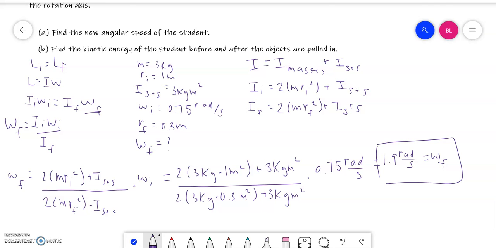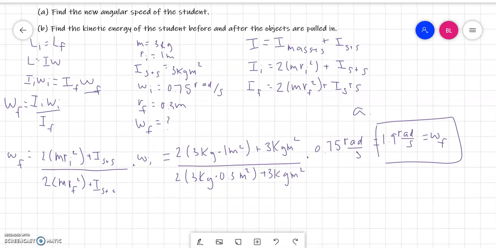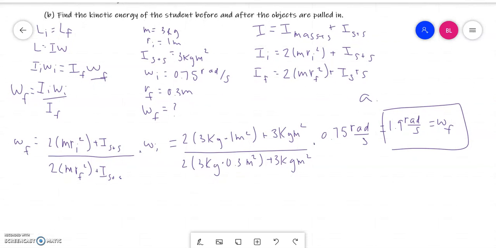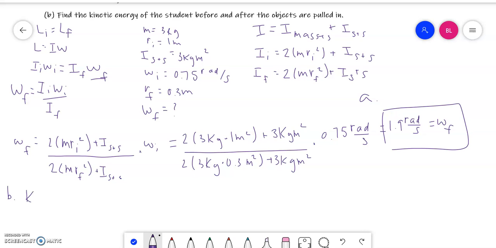So that's part A. Part B asks us to find the kinetic energy of the student before and after the objects are pulled in. So he's rotating, not moving linearly, so we need the initial rotational kinetic energy and the final rotational kinetic energy.